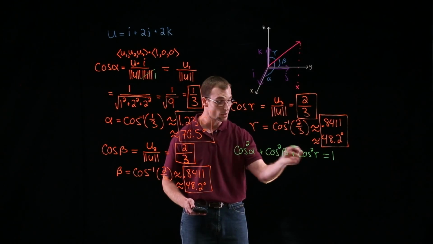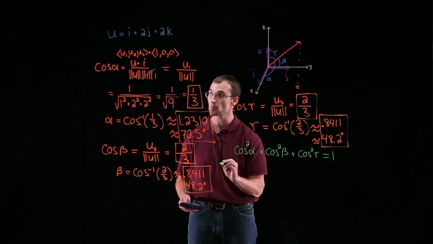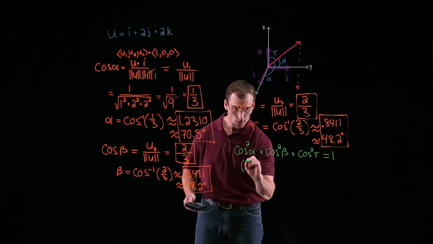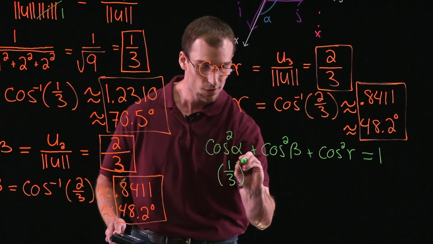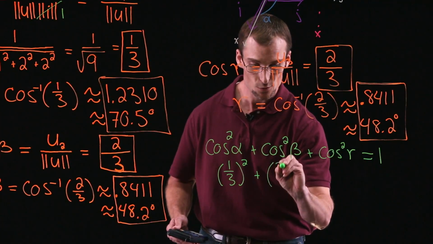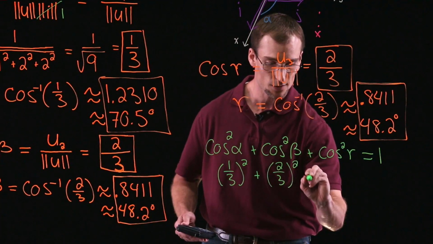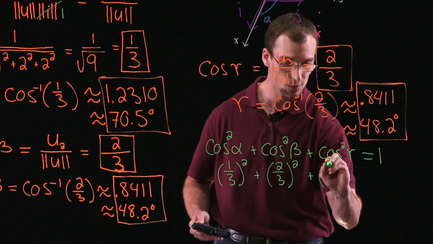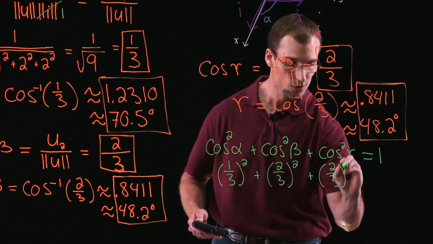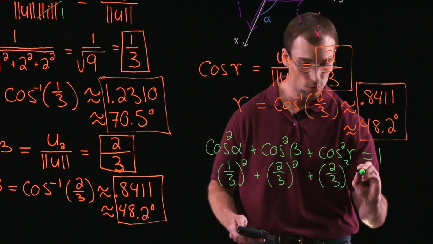So we have the values of our cosines, so we'll plug those in. Cosine of alpha was 1/3, so we have 1/3 squared, plus cosine of beta was 2/3, so plus 2/3 squared. And again, cosine of gamma was 2/3, so plus 2/3 squared. And we want to show that this is equal to 1.